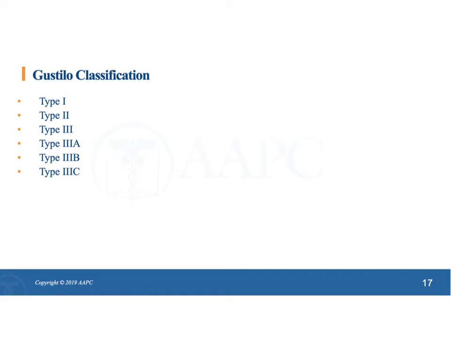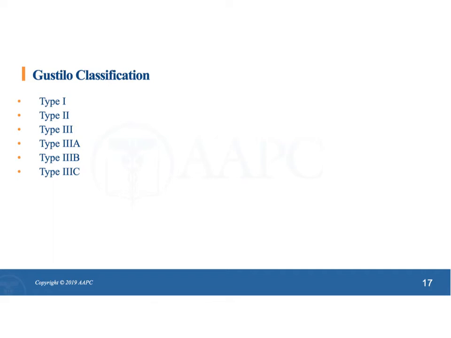One of the main categories, Type 3, is further subdivided into Type 3A, Type 3B, and Type 3C to report levels of extensive damage.